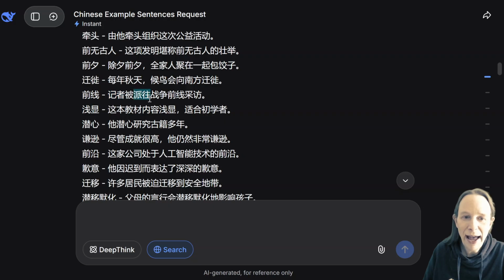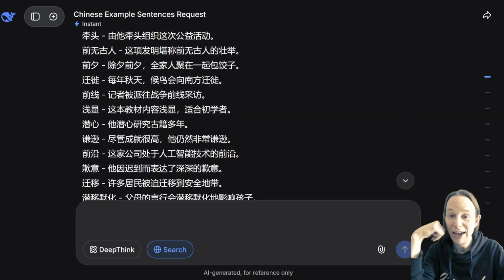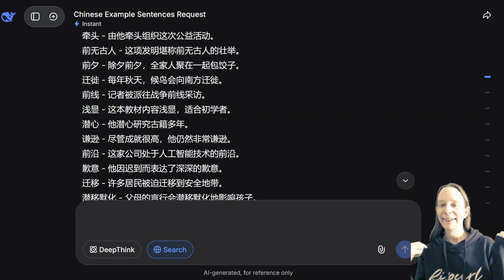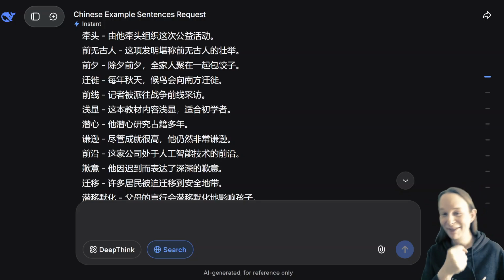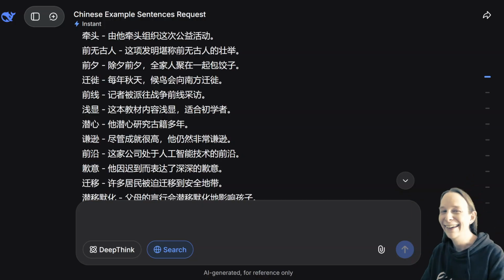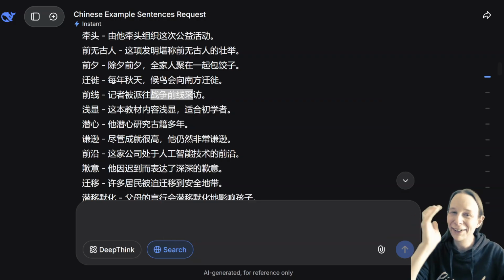记者被派往战争前线采访. So the journalist is on the front lines, bullets are whizzing past. That's my impression of war. And they're like, remember to like, subscribe. Could you imagine? No, no, this is a serious, important task, and I'm making light of it. 前线. So look, they're at the war. They're on the front lines of the war.